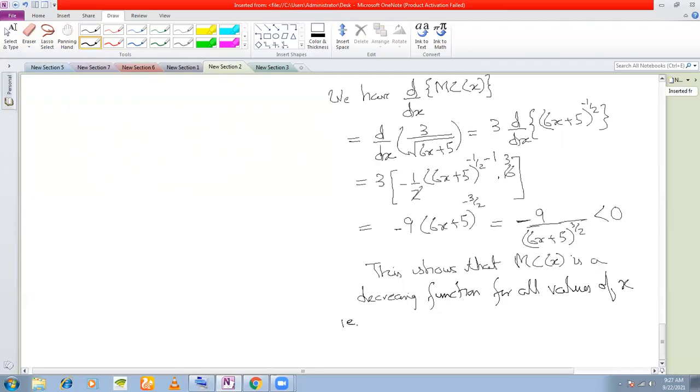That is, marginal cost decreases as output x increases, or the other way around also: marginal cost increases as x decreases. But they have given you this statement, so you'll write this statement only. Clear? No problem?